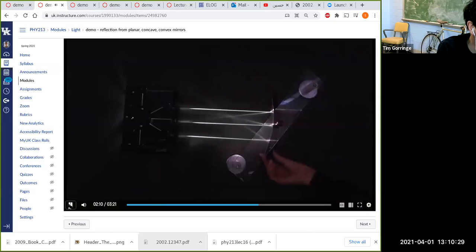And I'm moving the mirror. You see how the mirror converges the light. Let me just play that little bit again. You see how for a concave mirror, it bends the light rays towards the optical axis.